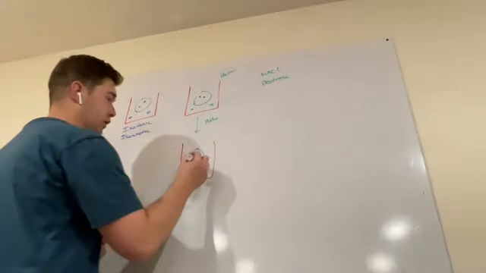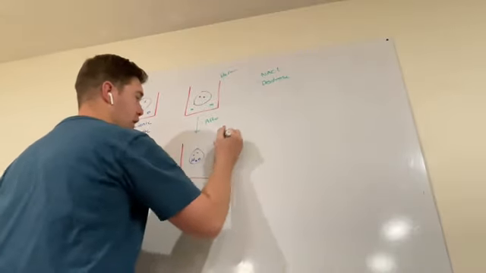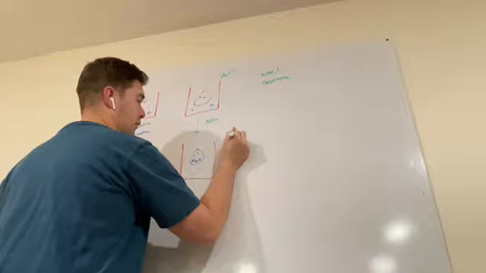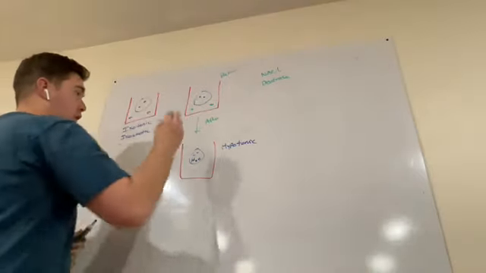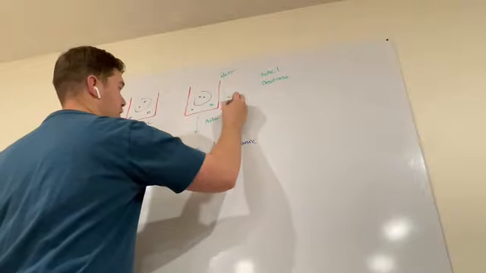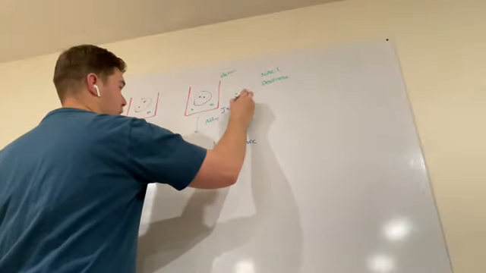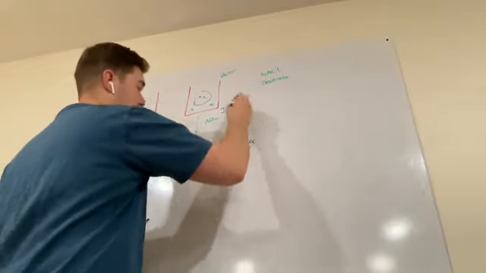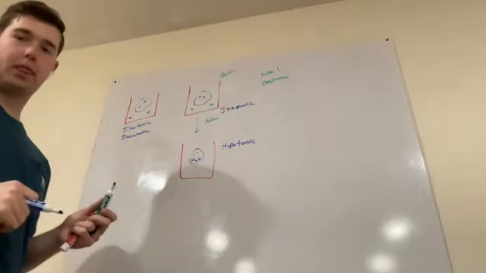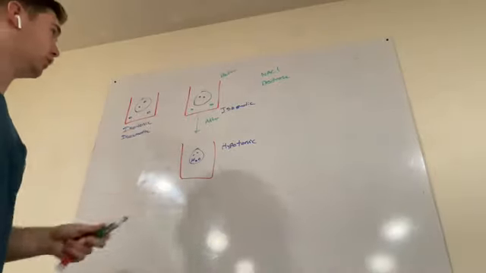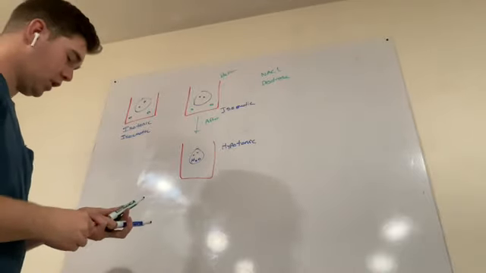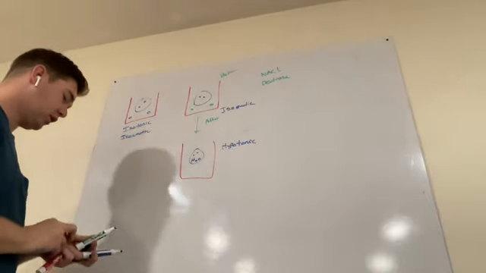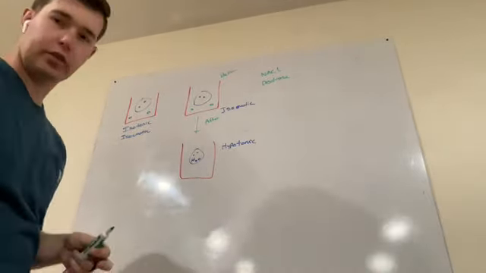And what it does is it swells the cell and then it becomes hypotonic. It's still isosmotic, but it's hypotonic because of what happens with all that dextrose. Then we're going to look at what happens to NaCl. NaCl is kind of a little bit of a different story here.